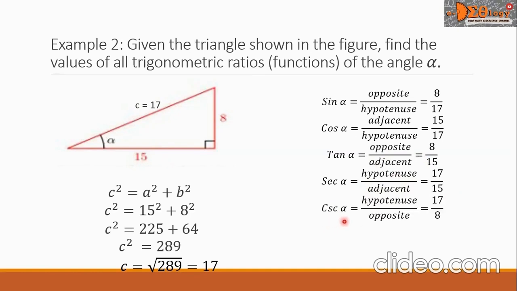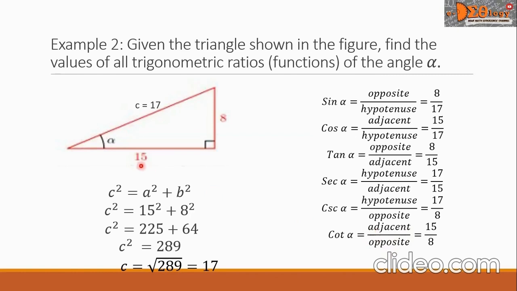Next is cosecant alpha, and the ratio is hypotenuse over opposite. The hypotenuse is 17 over opposite, which is 8. So cosecant alpha is 17 over 8. Last is cotangent alpha, and the ratio is adjacent over opposite.